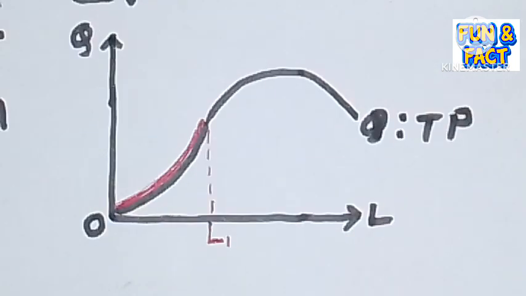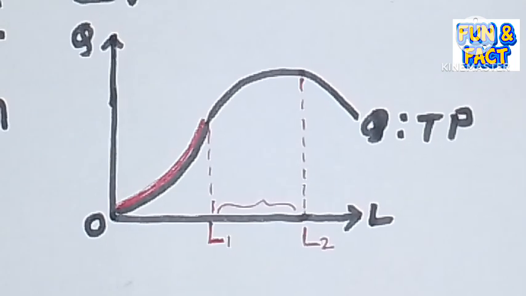For the very short run, the production function or the total product curve is increasingly increasing, marked in red color in the displayed diagram. And it is happening for the OL1 level of input used. For the level of input from OL1 to OL2, the total product curve is decreasingly increasing.